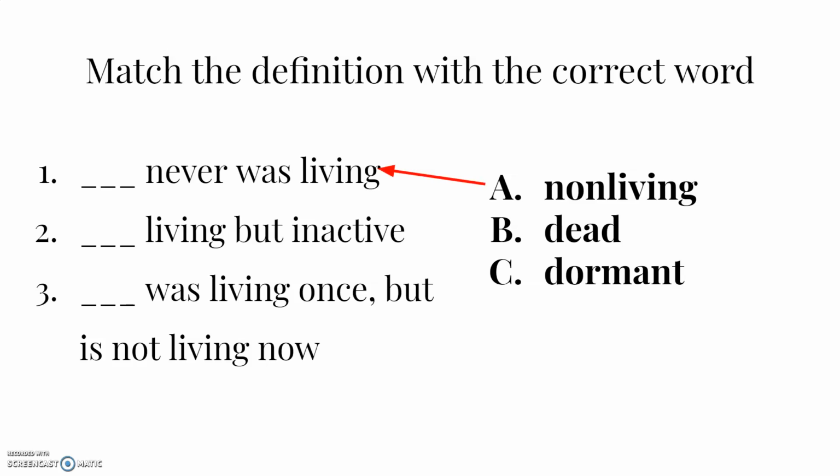A, non-living, means it never was living. Living but inactive is dormant. If something was once living but it's removed from its suitable environment, like dry yeast out of water, would be dormant because it's inactive but has the potential to be living. Dead means it was once living but is not living anymore.